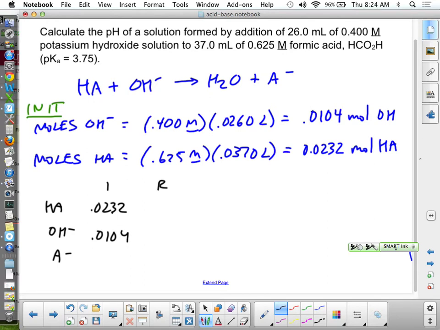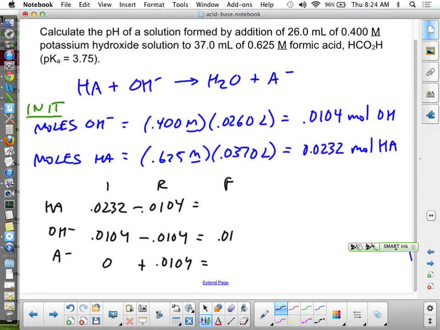R is the moles that react. And pretty obviously, hydroxide here is the limiting reactant. So minus 0.0104, minus 0.0104. The moles of conjugate base formate ion that are formed are equal to the moles of hydroxide added by stoichiometry, so that's plus 0.0104.